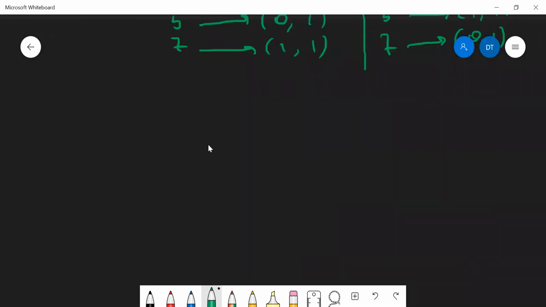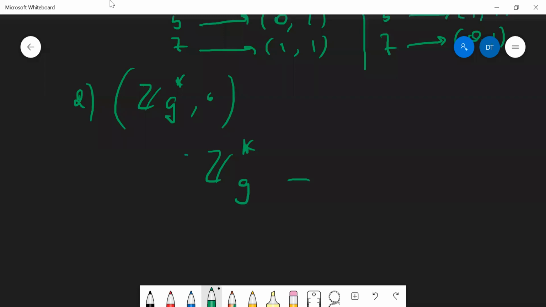Let me show you the second example. The second example is Z9 star with multiplication. This is the set of all remainders modulo 9 coprime with 9. And here it happens that this group is isomorphic to Z6, so it's cyclic.